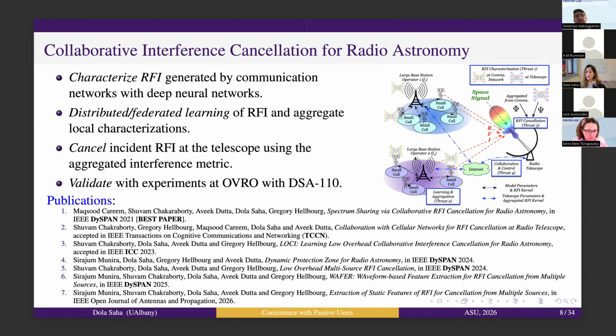So that's the overall goal, and we are still working on this project, but I would say that we have done some parts of validation at OVRO which are still not out there. We are still working on that.